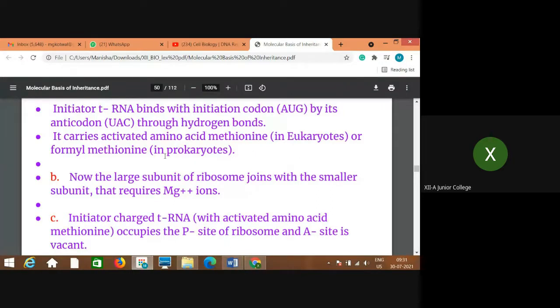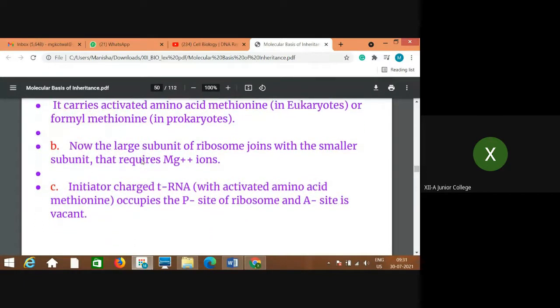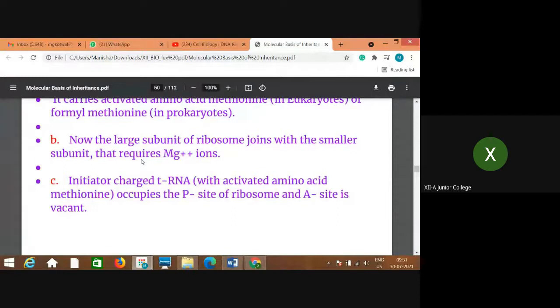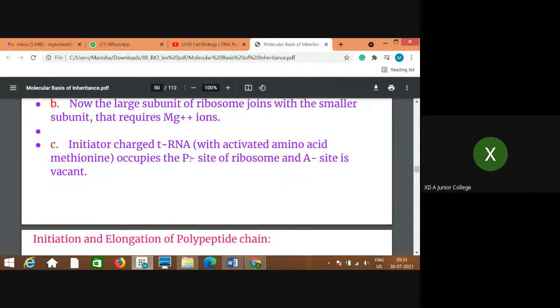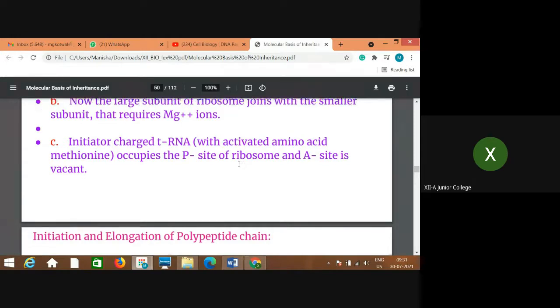Always in eukaryotes, the first amino acid is methionine, or if it is a prokaryote, then it is formyl methionine, also represented as F-met. Now, the larger subunit of the ribosome joins with the smaller subunit, which requires Mg ions. The initiator charged tRNA with activated amino acid methionine occupies the P site of the ribosome and the A site is vacant.